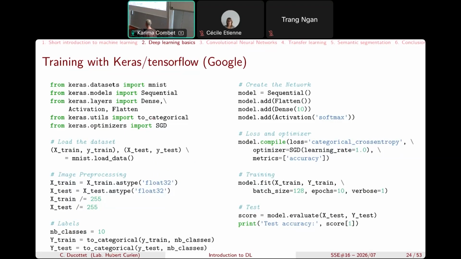The data set used here is a data set composed of some digits. So we want to predict if the digits are 0, 1, 2, 3, and so on.